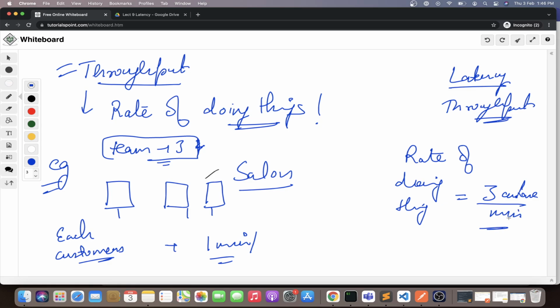They can serve three customers within that time, because they have three chairs where they can do the hair cutting or the shaving part.